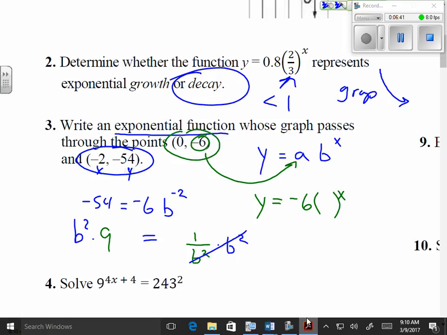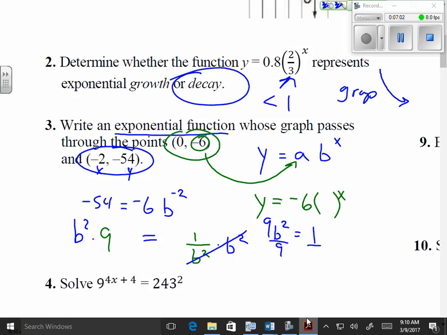That cancels there, and I'm left with b squared times 9, or 9b squared, equal to 1. Sorry, 1, not 0, I didn't subtract that. Now I'm going to divide off the 9.